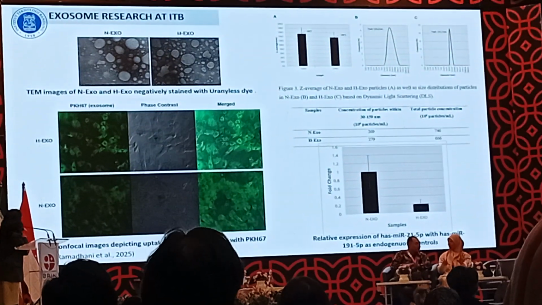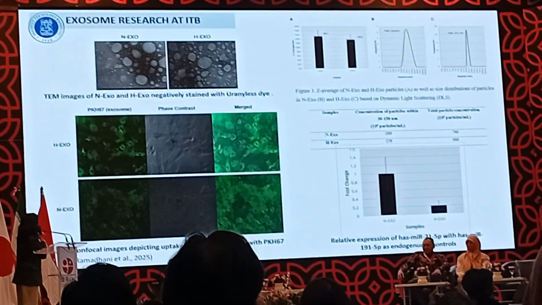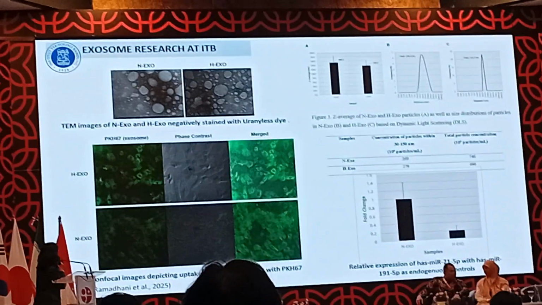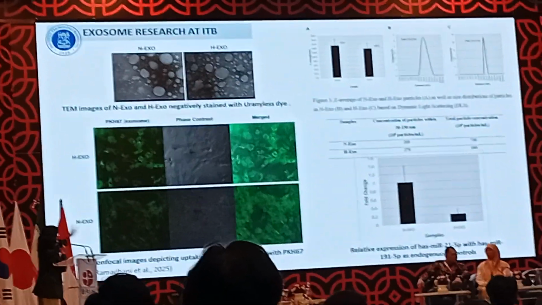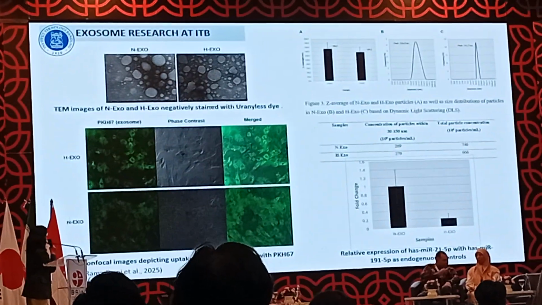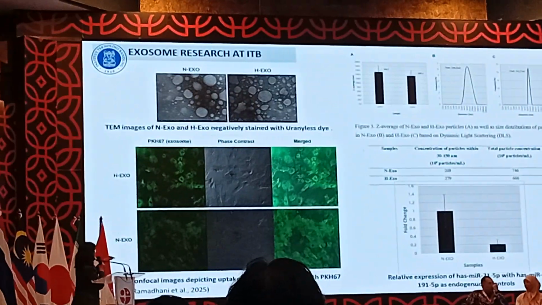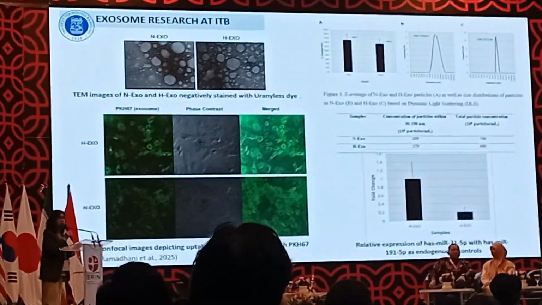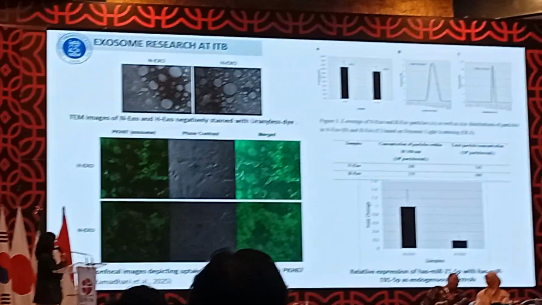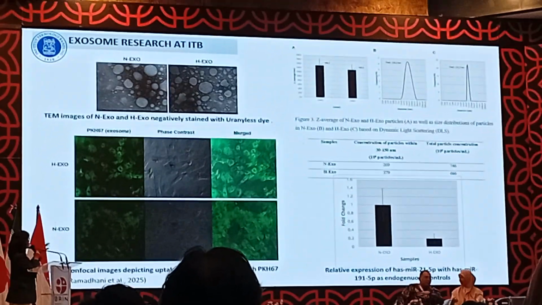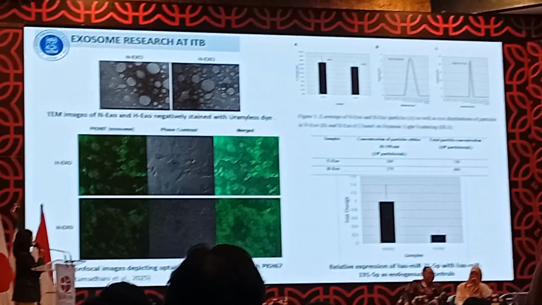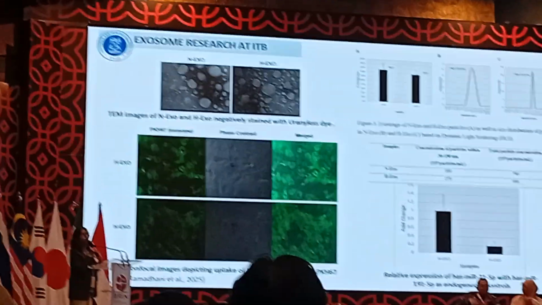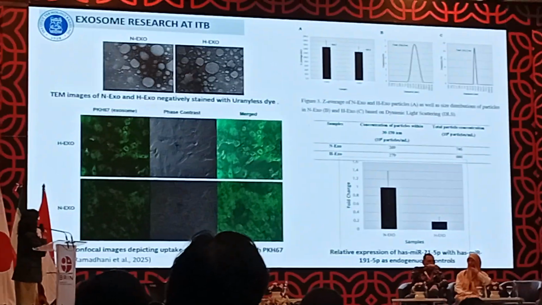This is also normoxia exosome and hypoxic exosome, and then we can make sure that after a few hours, 1 hour, 2 hours, this already entered the cells, and we also tried to see the relative expression of one of the microRNA that plays a role in the inflammation, and it looks like between normal and hypoxic condition, the hypoxic condition exosome is the more powerful anti-inflammatory agent.